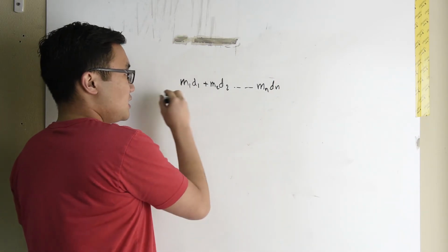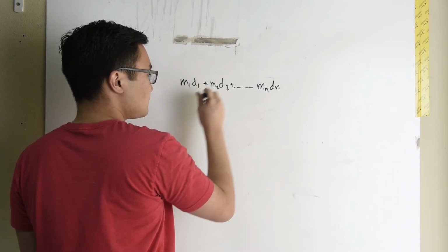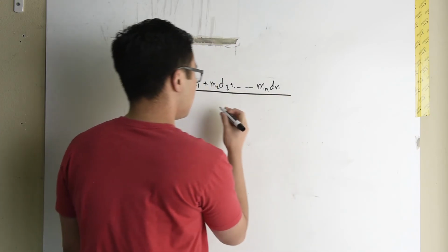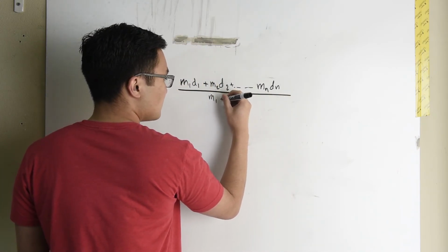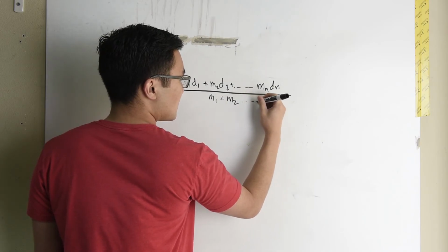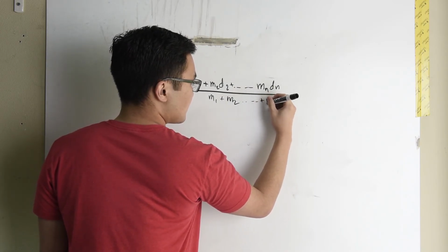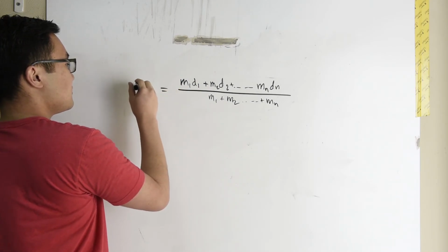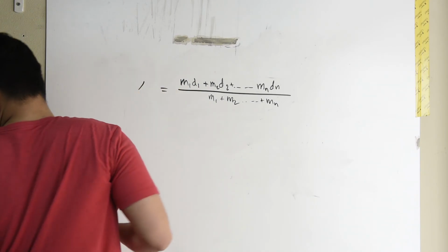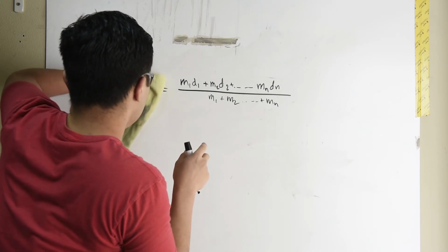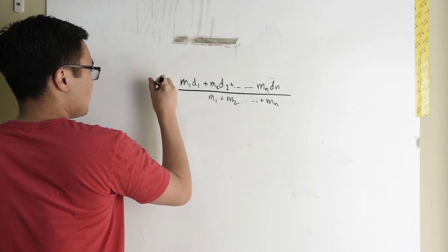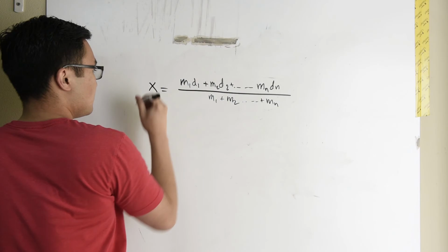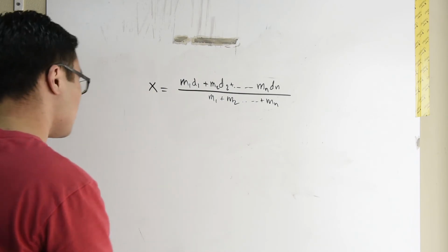Okay? You add this all up and simply divide by m1 plus m2 plus and so on to mn, okay? And that's going to be equal to your, just call it x, centroidal distance.